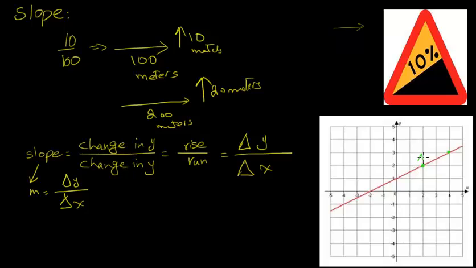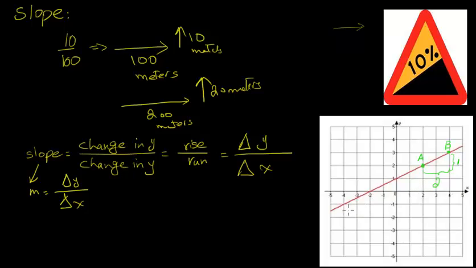Let's call this one point A and this one point B. So what is happening if we move from point A to point B? If you pay attention carefully, you can see as x increases by 2 units, 1 and 2, y increases by 1 unit.